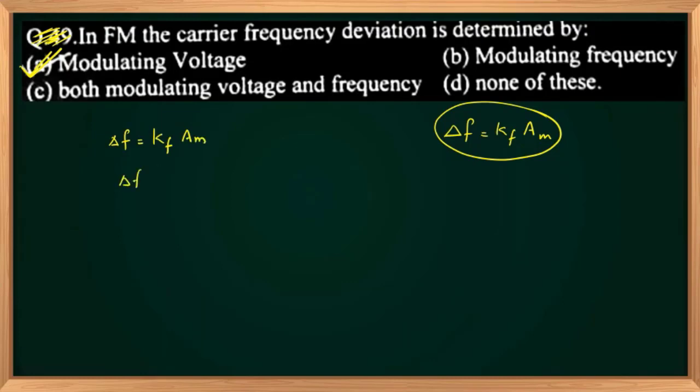So delta F is proportional to the modulating amplitude. If beta is asked, then beta depends on both modulating voltage and frequency.